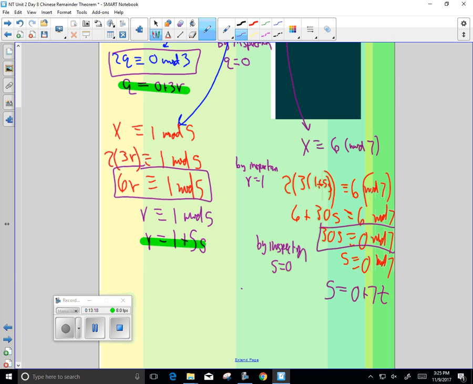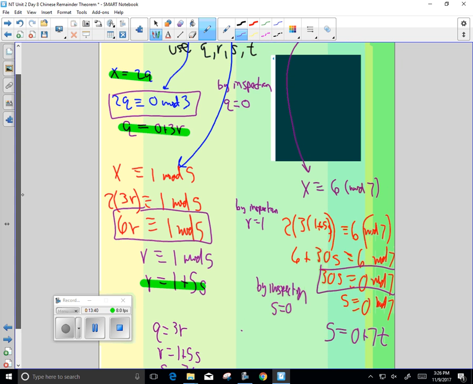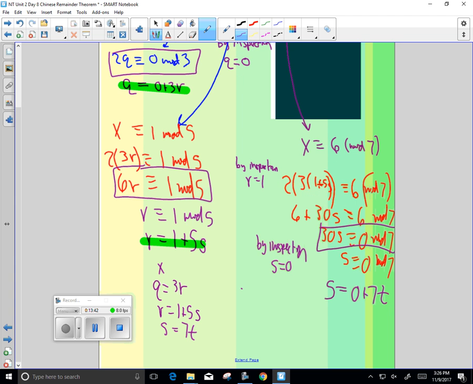So now we put them all together. We have q is equal to 3r. We have r is equal to 1 plus 5s. s is equal to 7t. And then at the beginning here, x was equal to 2q. So there's a lot of nesting that we're going to do for that. So here goes.